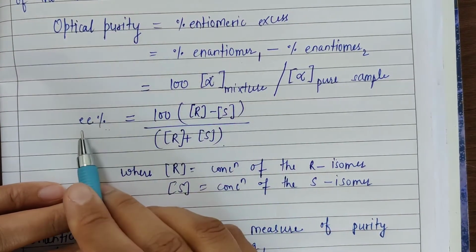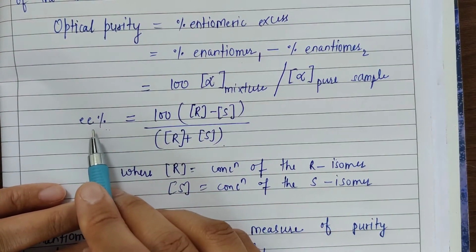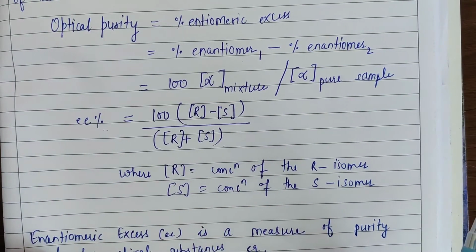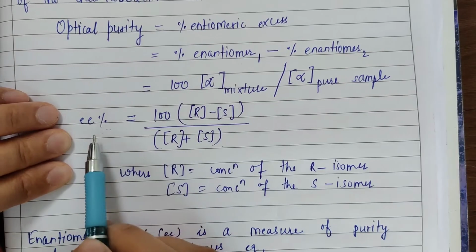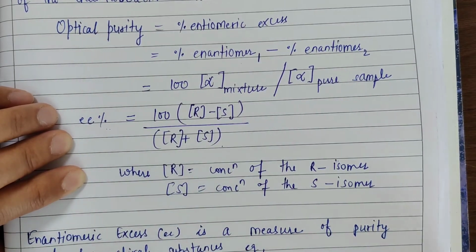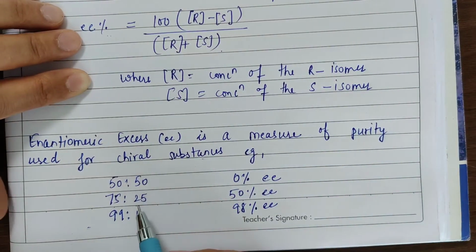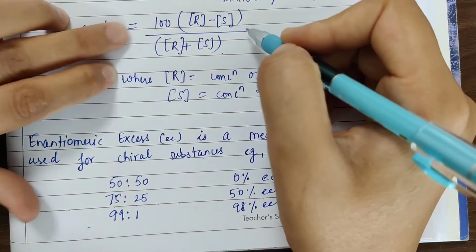So this way you can find out the percentage of enantiomer which is in excess. Now since this gives us the purity of the mixture we obtained, let's see how it shows.